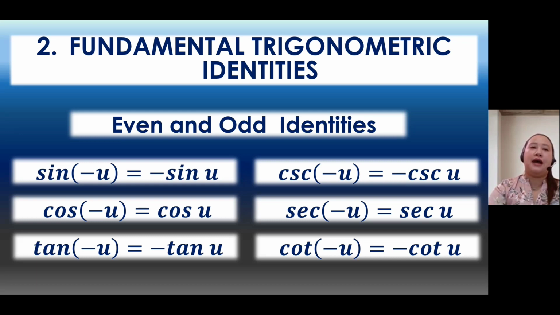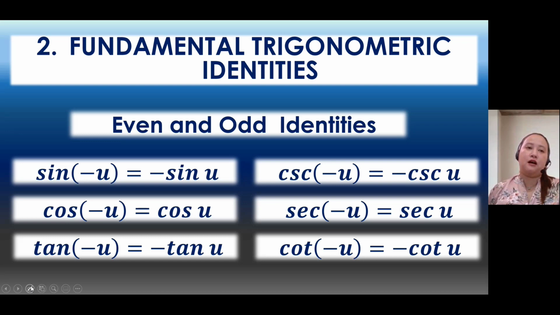So try to notice that if you have the negative angle of a trigonometric function, the answer would be positive of the trigonometric function only for cosine and secant. Okay? Only for cosine and secant.